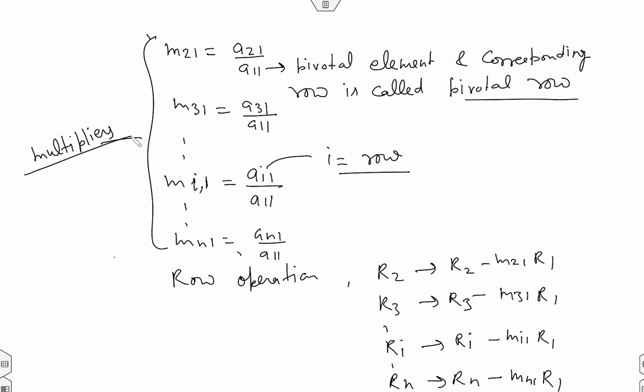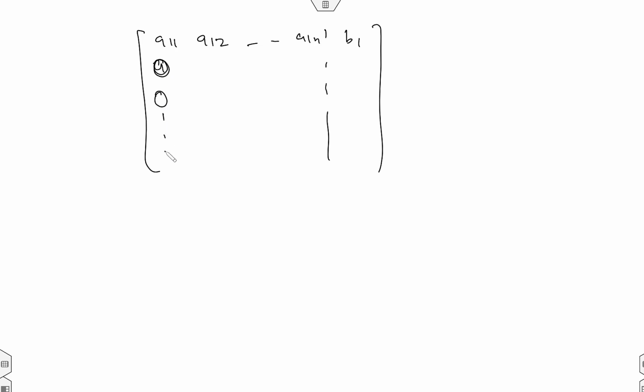Okay, so after applying the first step, what are we getting? The first row is as it is: A11, A12, A1n, B1. Okay, this you are getting, as this element is 0, this element is 0, and all elements are 0. Also you are getting corresponding change in the second row, third row.